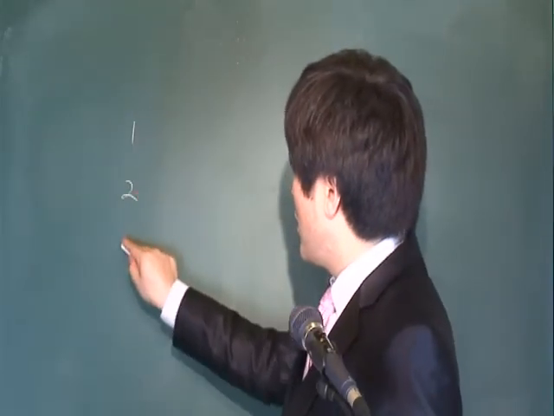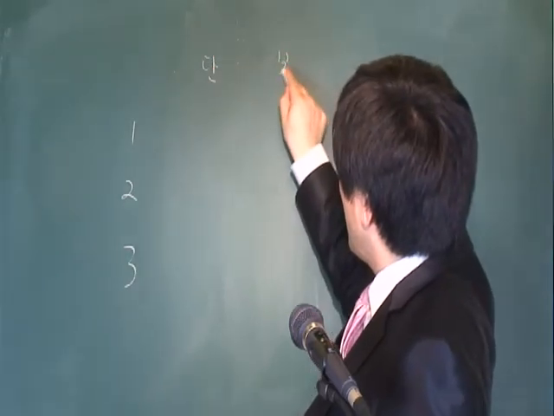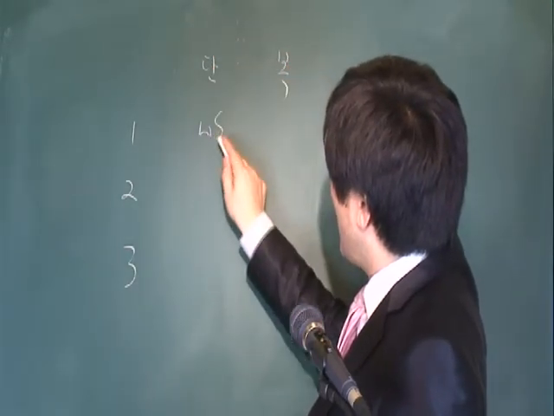Like nouns, pronouns also have different cases. There is the nominative case, the genitive case, the dative case, and the accusative case. The nominative is I, which is ego.